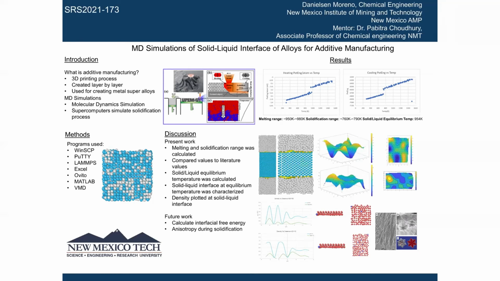So essentially what we have is a binary system with aluminum and zirconium. Zirconium is about 1% of the total mass in the system.